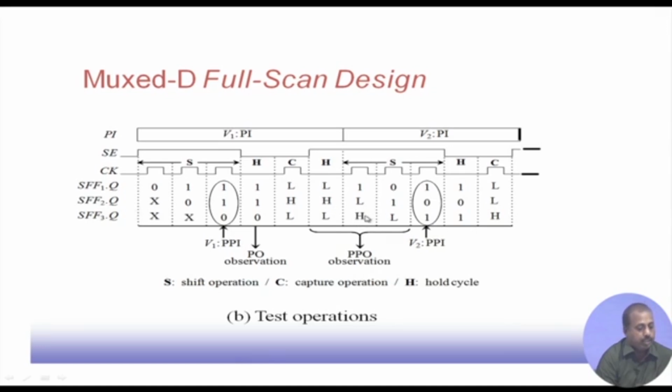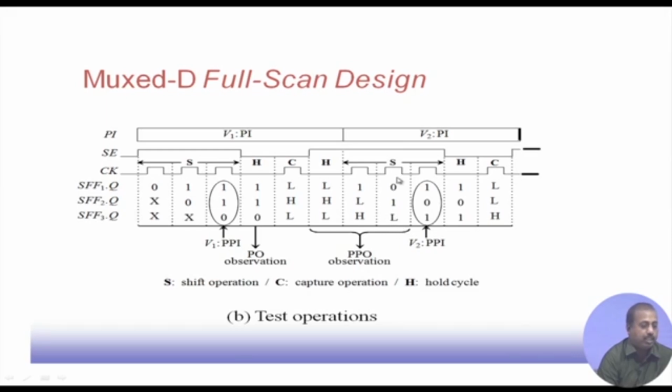Now, in the next clock pulse, with shift enable remaining high, this 1 comes to the second scan cell, and the new 0 that we have applied at the serial input comes into the first flip flop, and this L goes to the third flip flop. So, we can see the third flip flop.